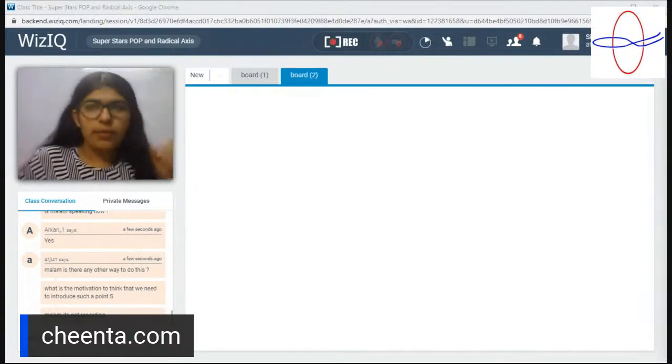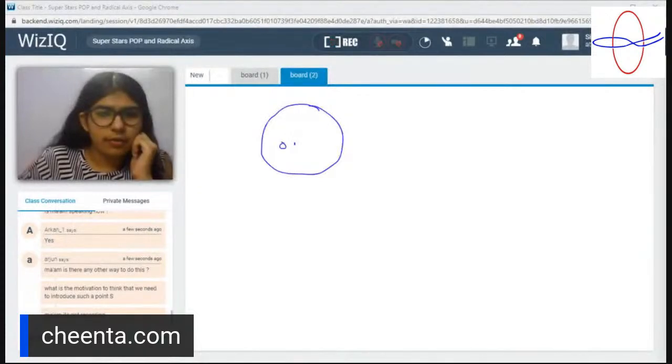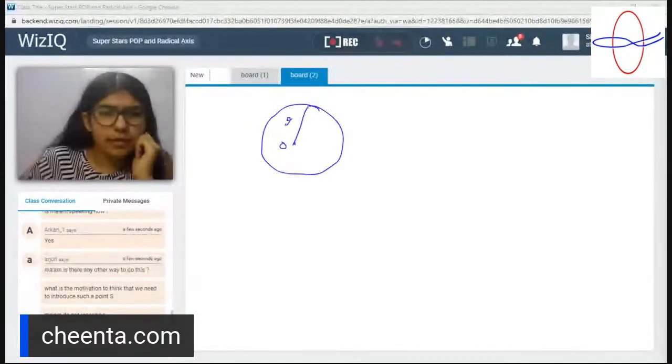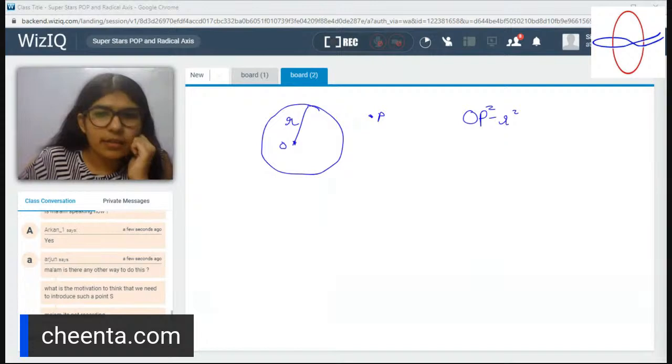Next thing, we all know the power of a point in a circle. You have center O, radius R. The power of point P is OP squared minus R squared. If P is outside the circle, it's positive.